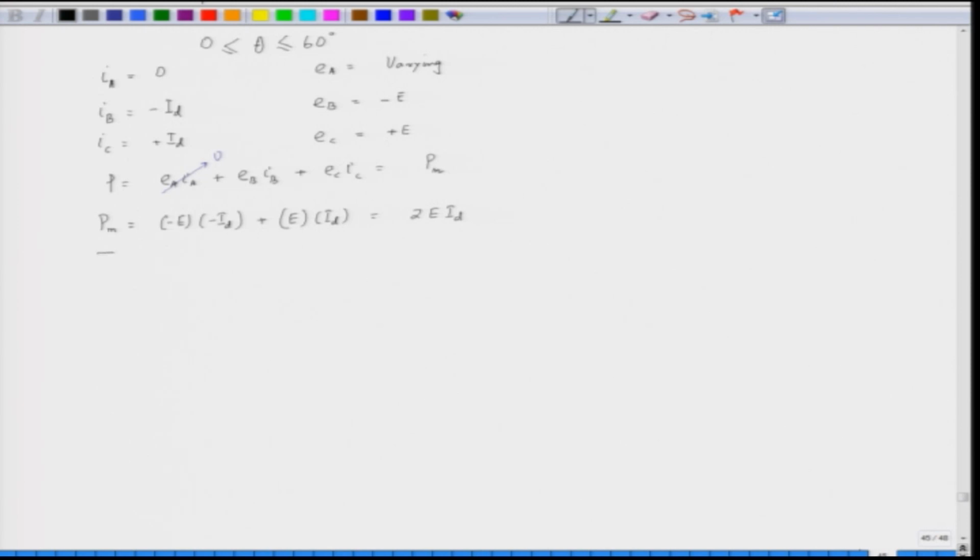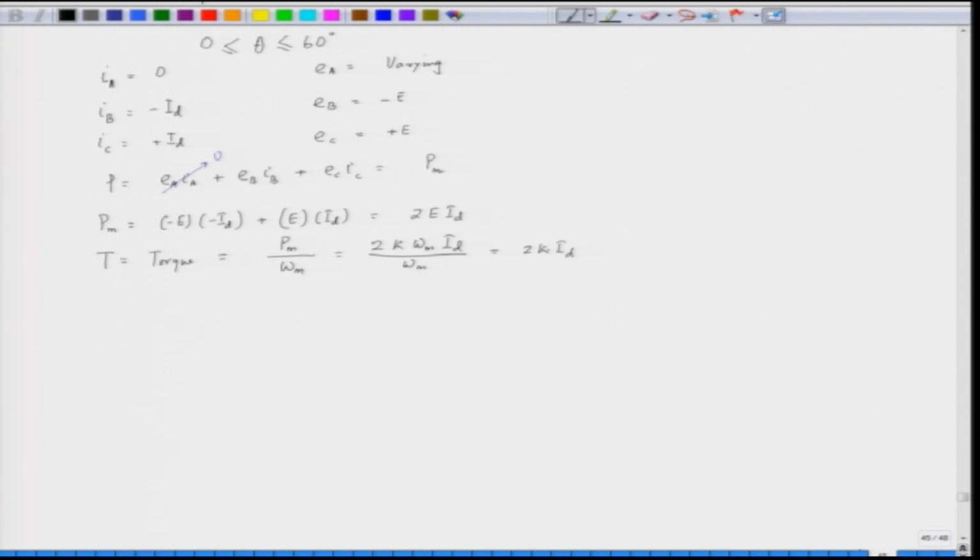If we want to find the torque, torque is the mechanical power divided by the rotor speed. The induced EMF is a function of the speed also, so we can write K omega m for E, giving 2 E into ID divided by omega m. So, we get the torque as 2 K ID.